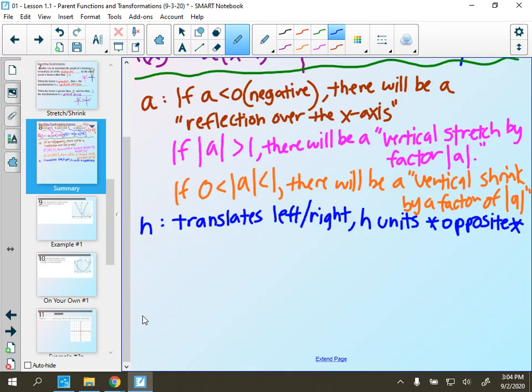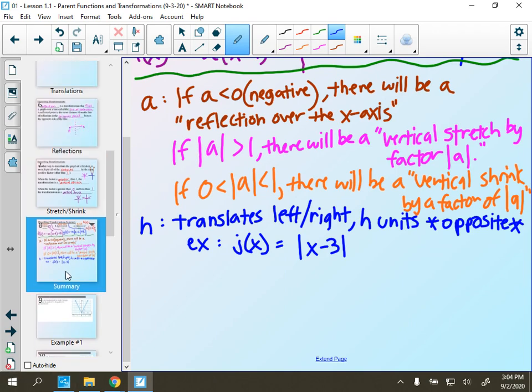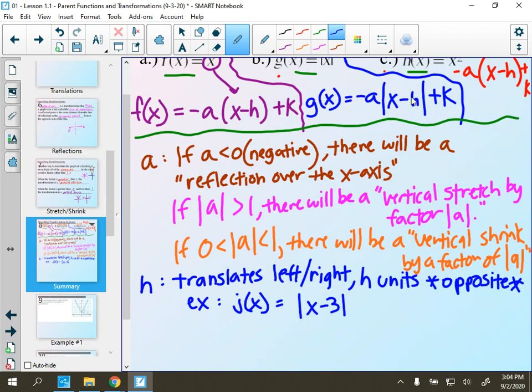Let's do an example here. Let's say we have a function j of x equals the absolute value of x minus 3, just something simple. So here's what I mean. The 3 is taking the place of the h in our function above. X minus h, now it's the number 3. And we said h shifts, slides the graph left and right.